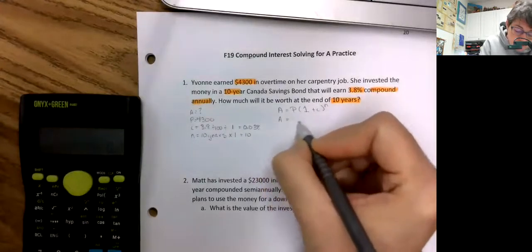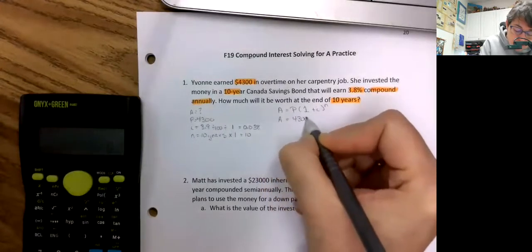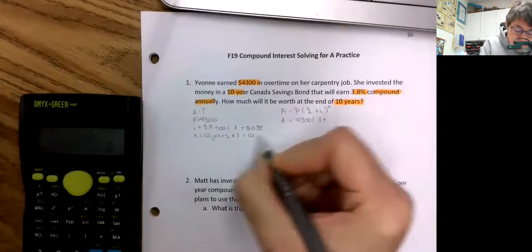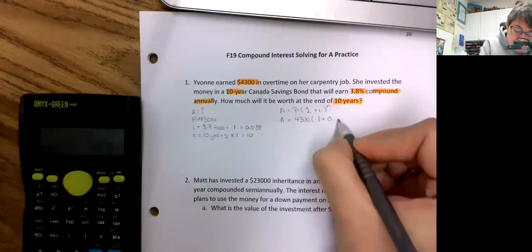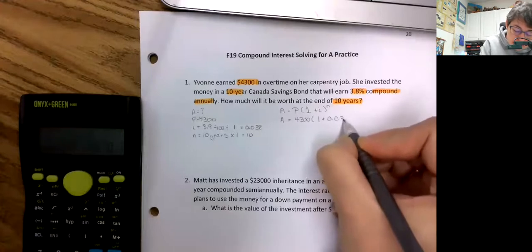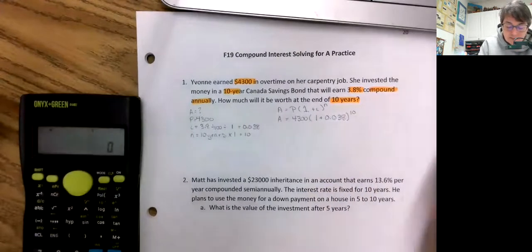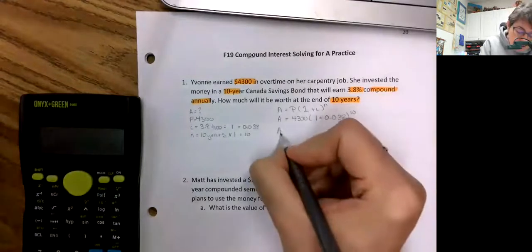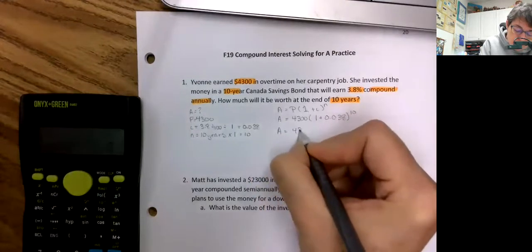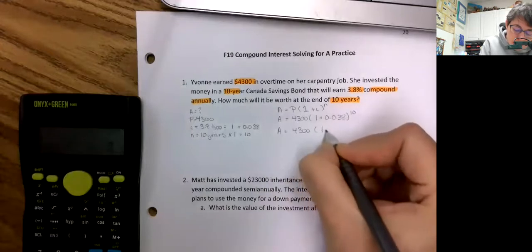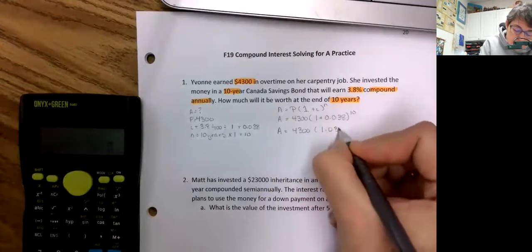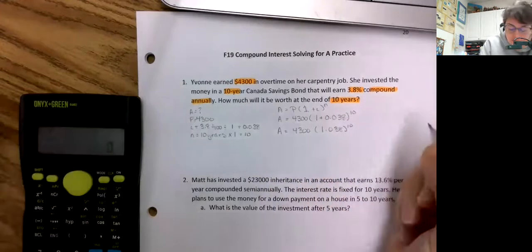A is equal to 4,300 times 1 plus, now my interest, 0.038, and it's compounded over 10 years. So A is equal to 4,300 times 1.038 to the 10.